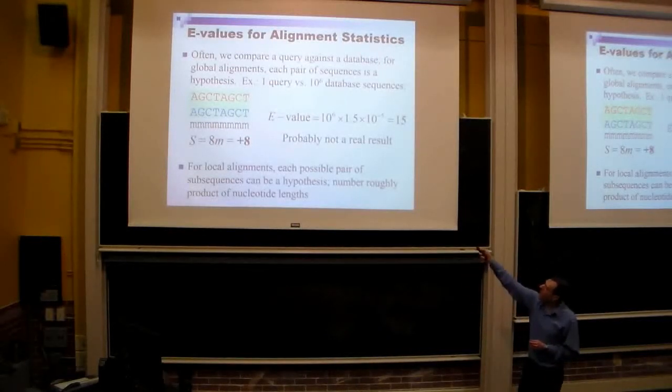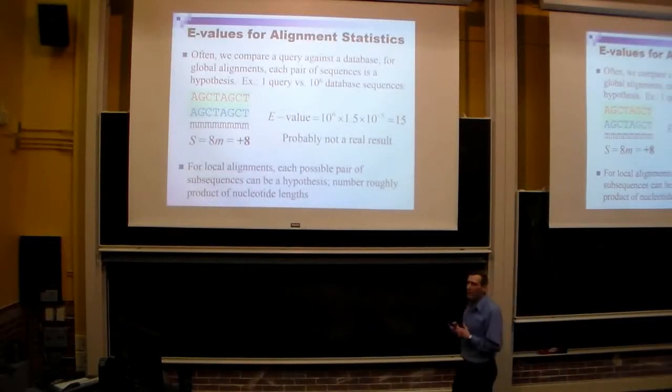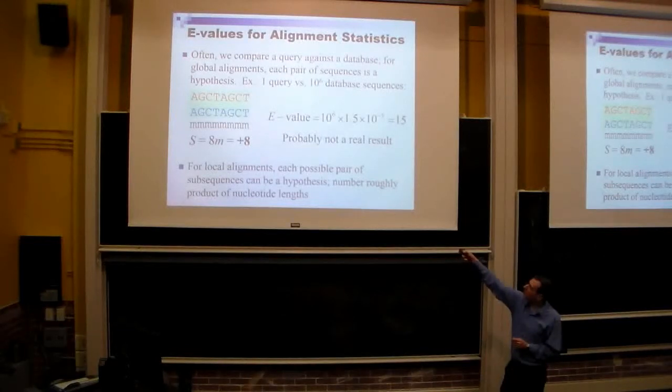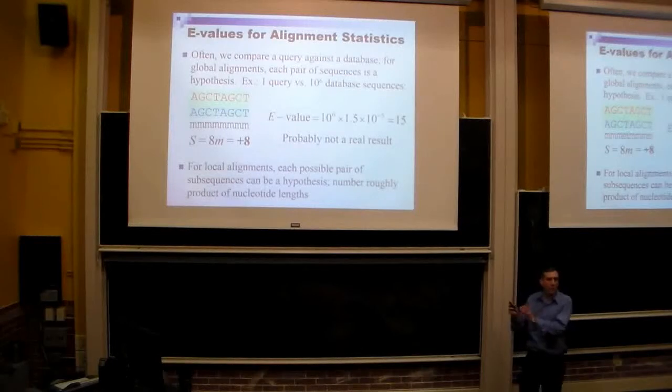In particular, if the probability was 1.5 times 10 to the minus fifth that we got an alignment this good by random chance in one comparison, and that's exactly what a p-value means, then we would expect approximately 1 million times 1.5 times 10 to the minus fifth of our million comparisons would be at least that good.